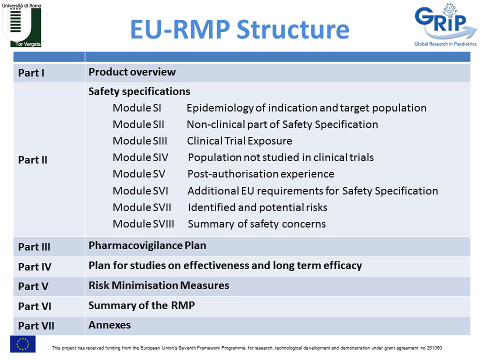A single safety concern can have no additional PV activities because routine is sufficient, or can have one or multiple studies. It is important to notice that the protocols of any study should be submitted as part of the Risk Management Plan and clear milestones should be provided.